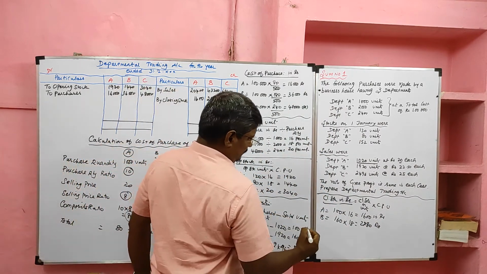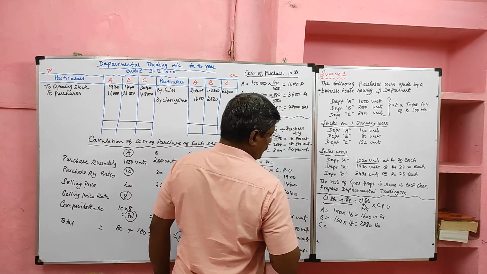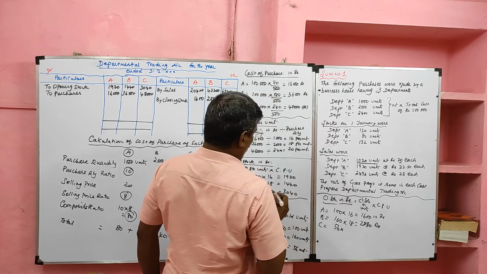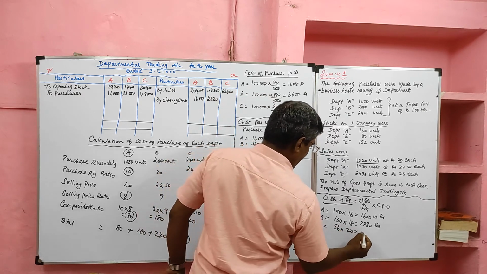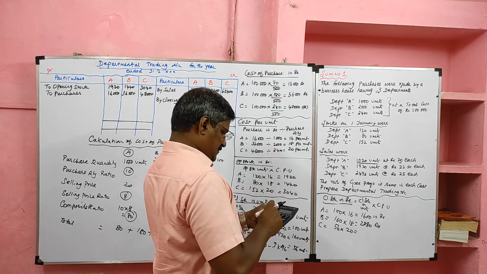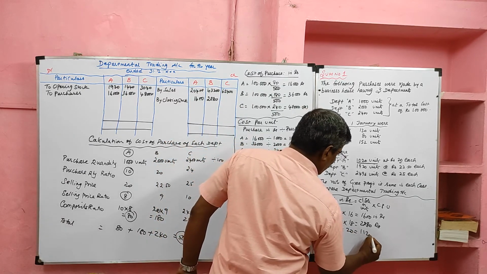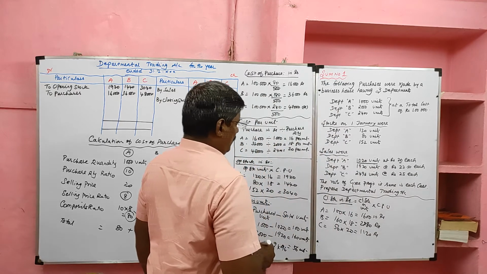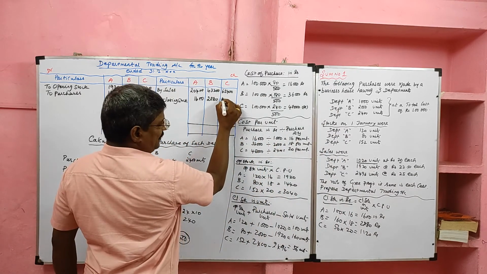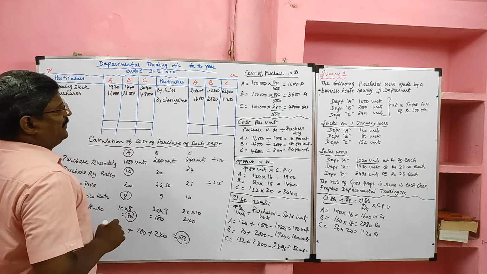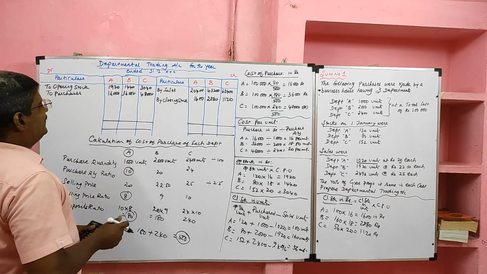Then for C, closing stock they had 56, its cost per unit 20. 56 into 20, we get 1120 rupees. For department C, they had closing stock worth rupees 1120.